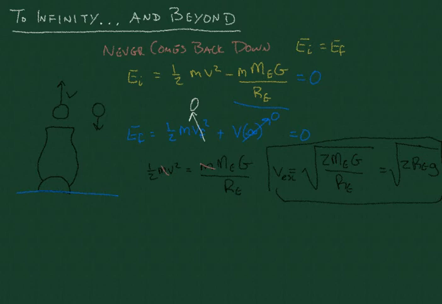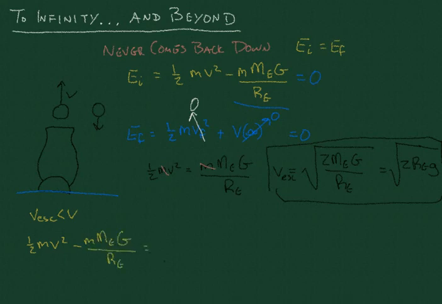Okay, but that brings up an interesting question. What if our velocity is bigger than our escape velocity? In this case, again, our initial energy is 1/2 mass times velocity squared minus the mass times the mass of the Earth, g, over the radius of the Earth.